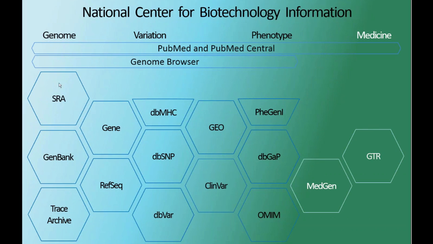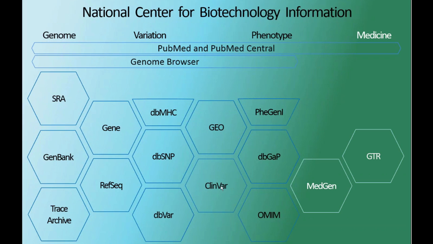Shortly thereafter, several other databases were developed here at NCBI. The SRA, which is the Sequence Read Archive, to take next-gen sequencing information and compress, store, and archive it. dbVar is a database of structural variation, much like dbSNP.